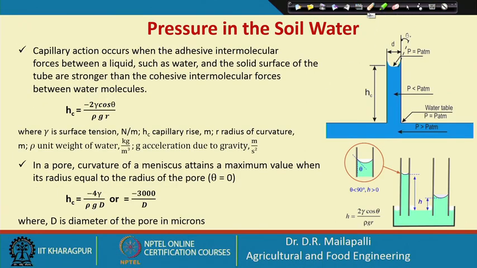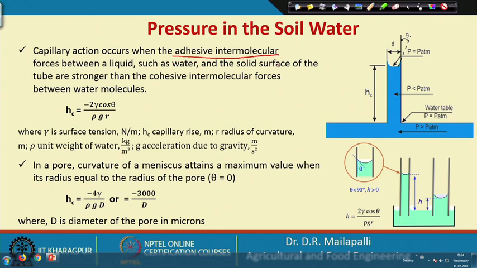And if you see this, still the capillary action: when the adhesive intermolecular forces between a liquid such as water and the solid surface of the tube are stronger than the cohesive intermolecular forces between the water molecules, when adhesive forces are higher than the cohesive forces, then the surface tension definitely influences more.